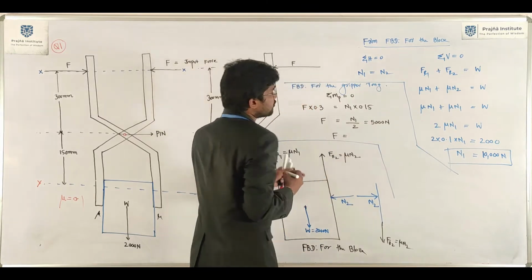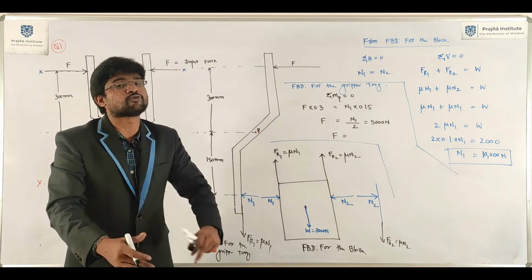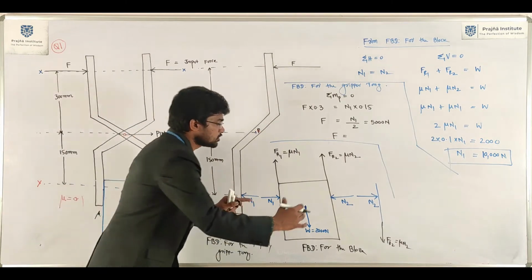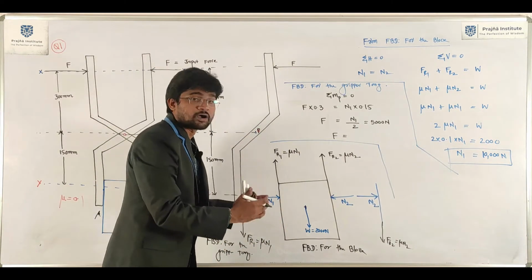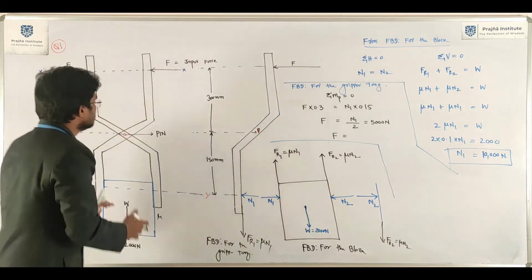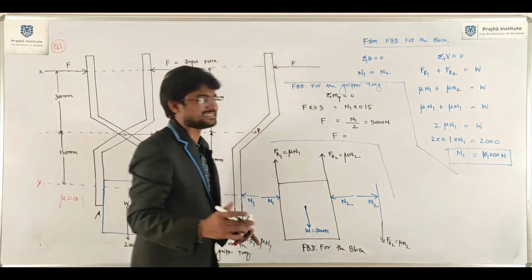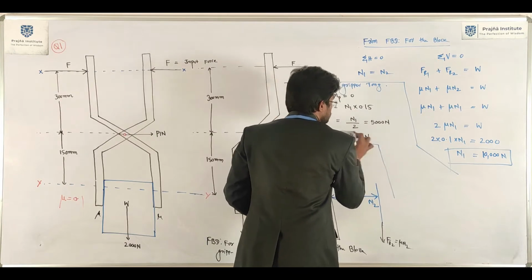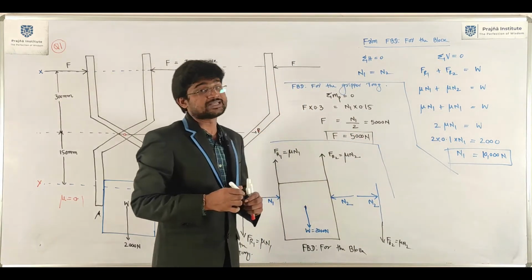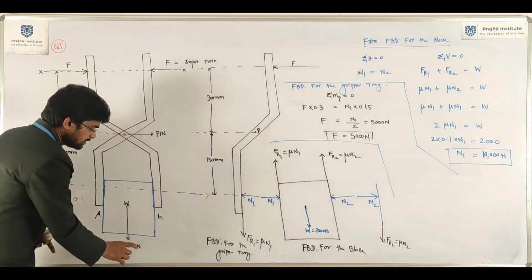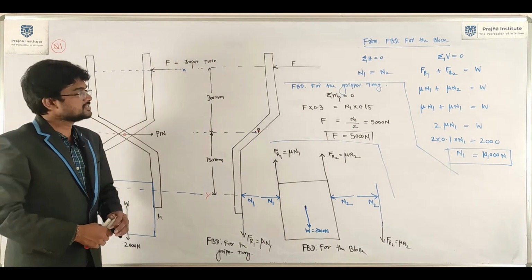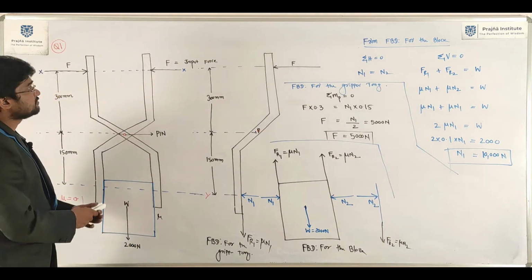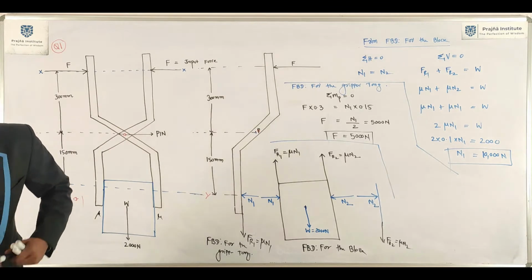So the amount of input force required to hold the block of weight 2000 Newton in this particular case is 5000 Newton, so that we can happily hold 2000 Newton. Okay? So this is the question given in GATE 2004.